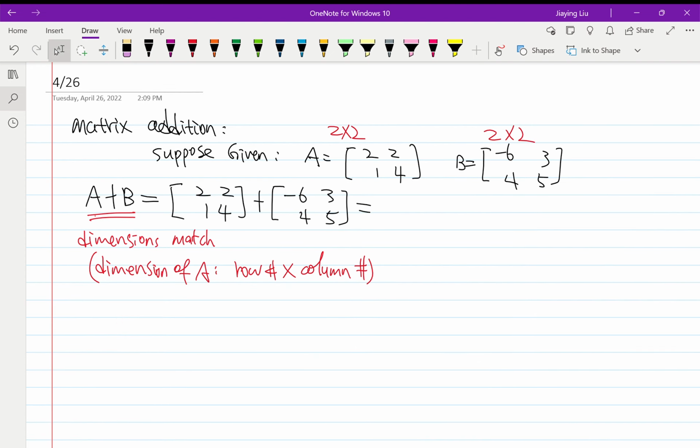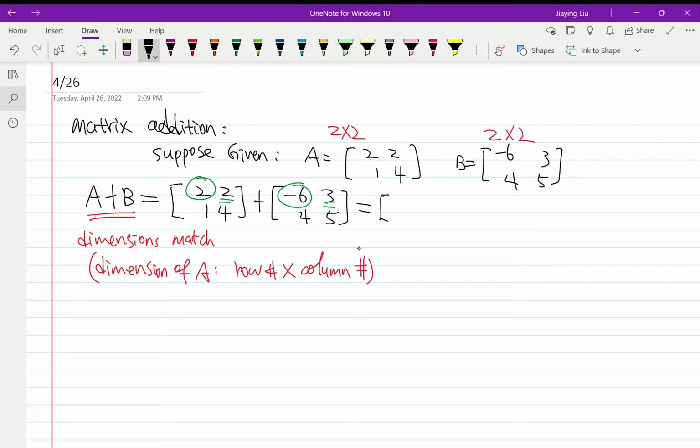To add them together, we're just going to take the corresponding elements and add them together. So we take the first element of each matrix, the 2 and the negative 6, we add them together, then we move on to the second element in the first row of each matrix, we add them together, 2 and 3, and then we move on to the second row.